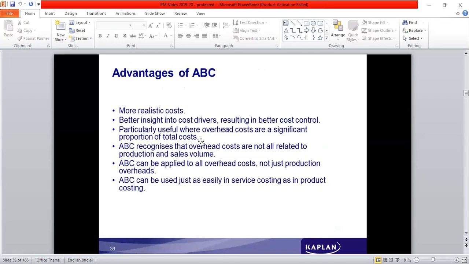Advantages of ABC: they give more realistic costs. There are better insights into cost drivers, resulting in better cost control. It is particularly useful where overhead costs are a significant portion of total cost. See, earlier the portion of overhead costs which were not identified was very small because the nature of work in an organization was much simpler. For each product, costs were separately incurred. But now we have complex activities.